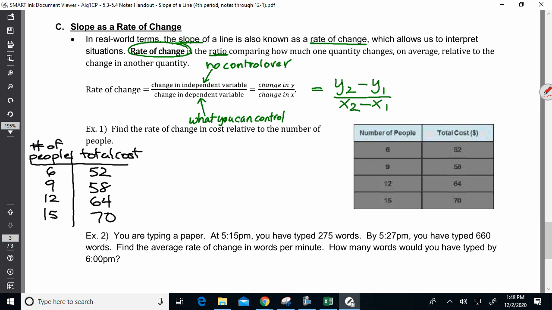So this is how it will work. If you have a table, normally the X's are on the left and the Y's are on the right. So same thing applies. X's on one side, Y's on the other.